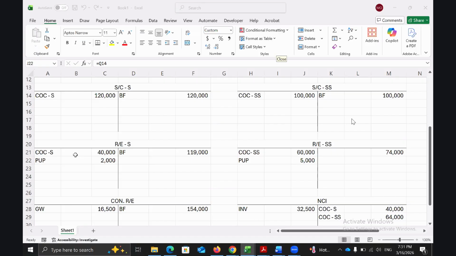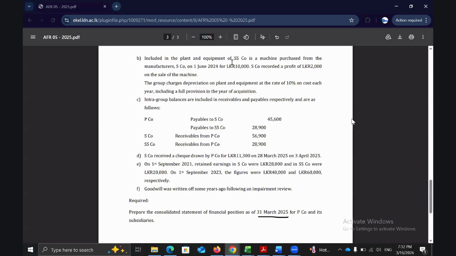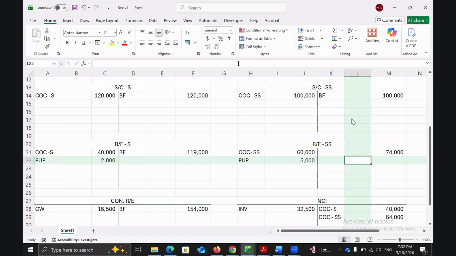Who is the buyer? The buyer is SS. SS have made an additional depreciation provision, and that needs to be reversed.